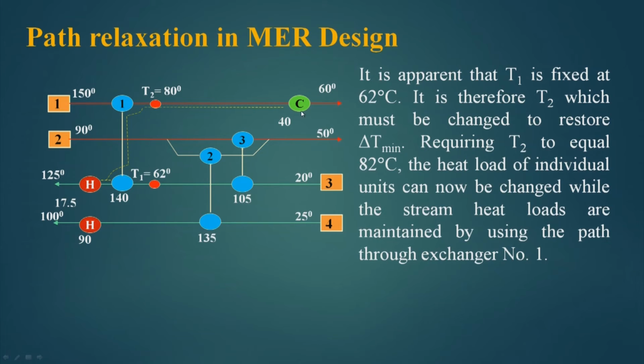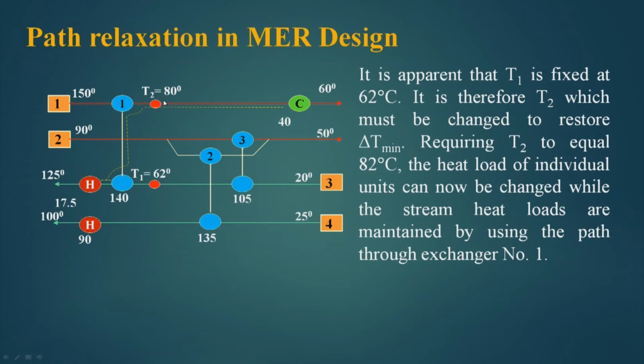So, alternately I am adding, deducting, and again adding, and then I have to find out what the value of x should be, so that this delta T minimum is restored. To restore this delta T minimum, I have to make this T2 temperature 82 degrees centigrade. If I do this, a delta T minimum of 10 degrees centigrade will be restored here.